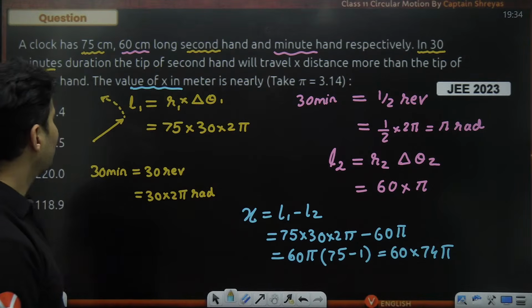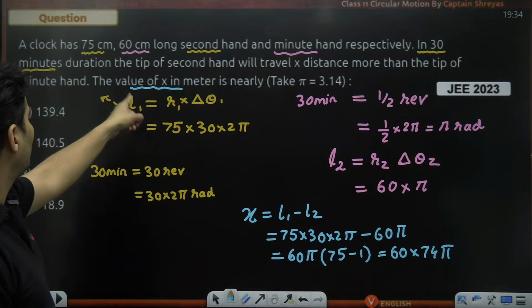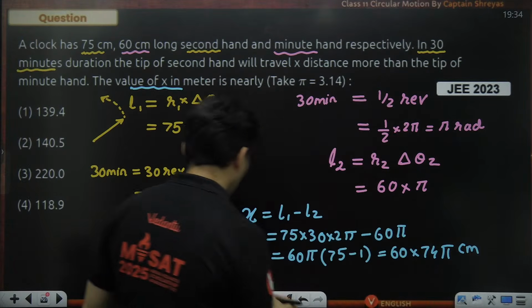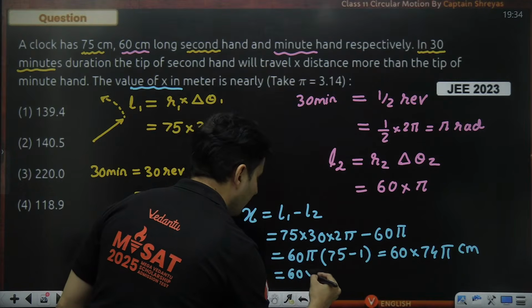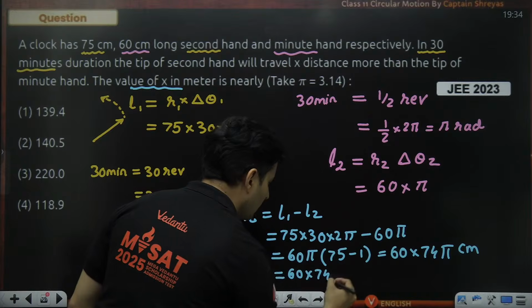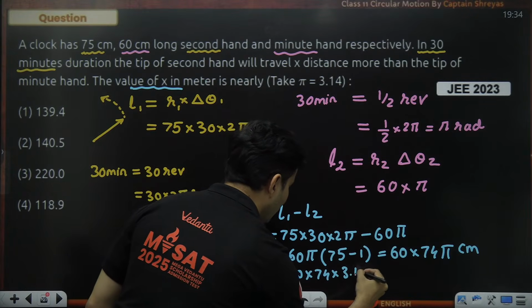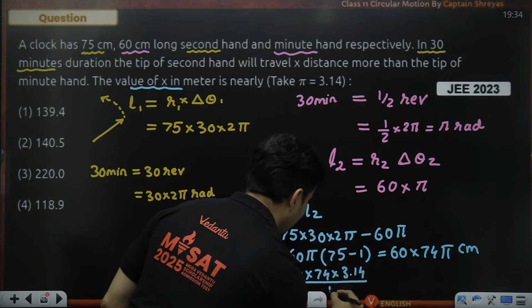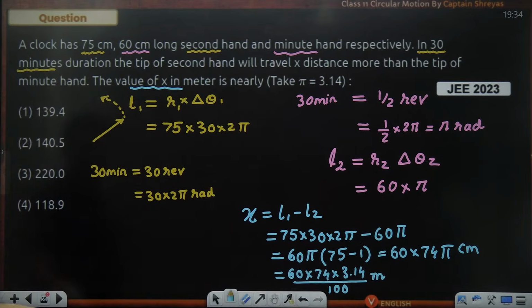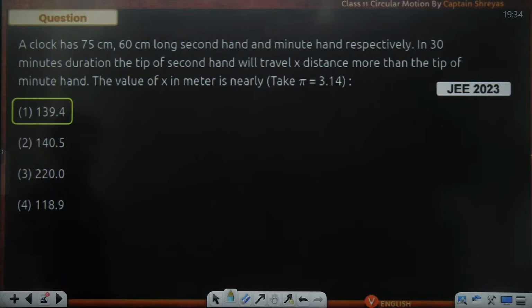Okay. So that is in centimeters, but the question is in meters. So if this is in centimeters, you will have to take this 60 multiplied by 74 pi, but pi also you'll have to substitute as 3.14. Whole thing divided by 100, that answer will be in meters. So solve this and see if your answer comes out as 139.